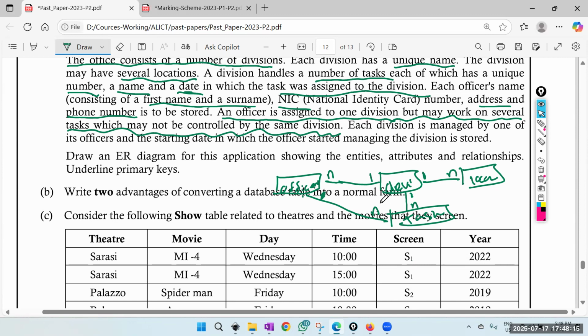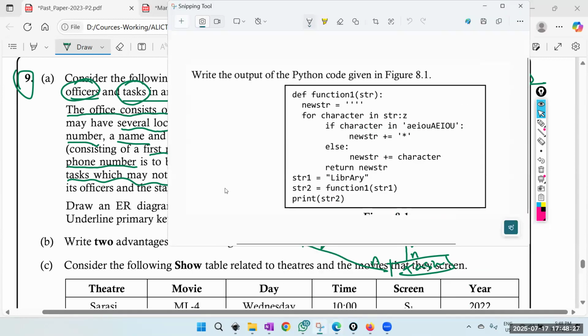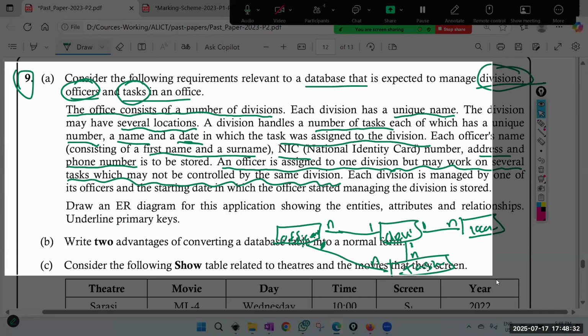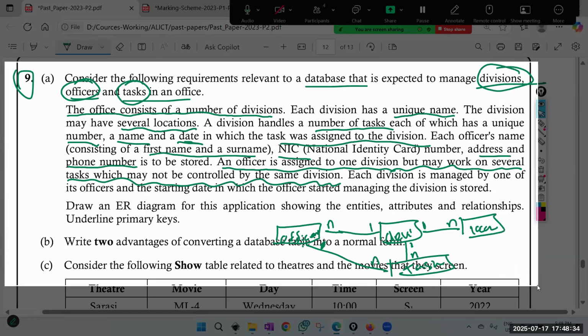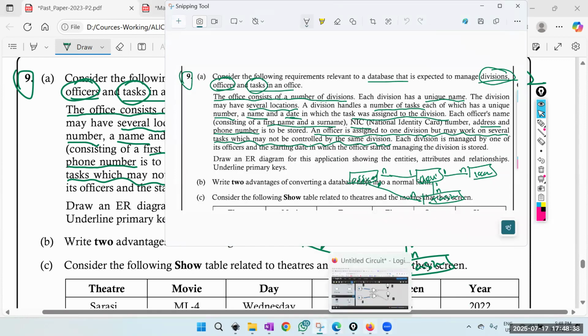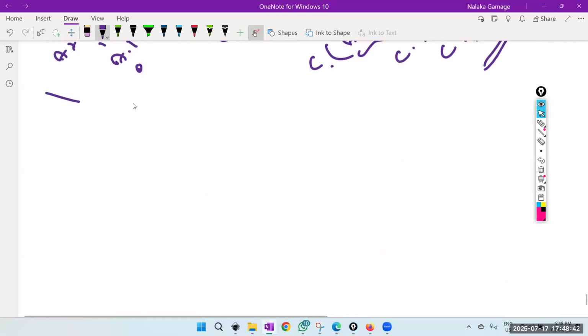This is not a very straightforward one, but anyway, we'll do it. By the look of it, it is not a very straightforward ER diagram. I hope the examiner will give some freedom for that fuzziness. So I'll just copy this, so that I have some space.